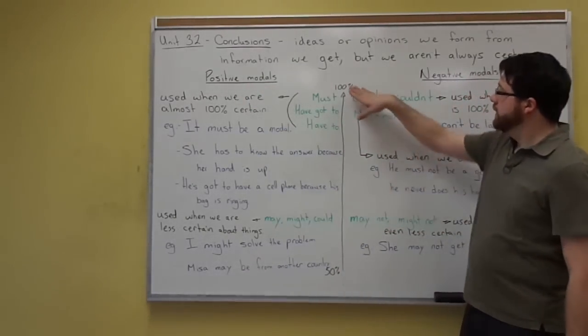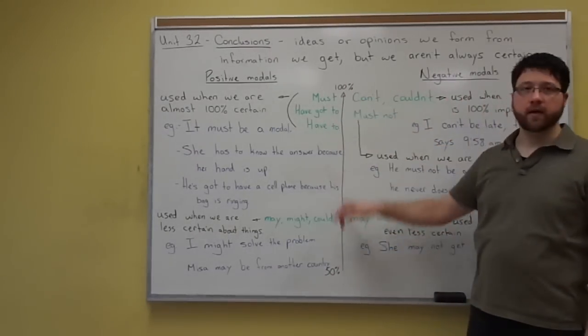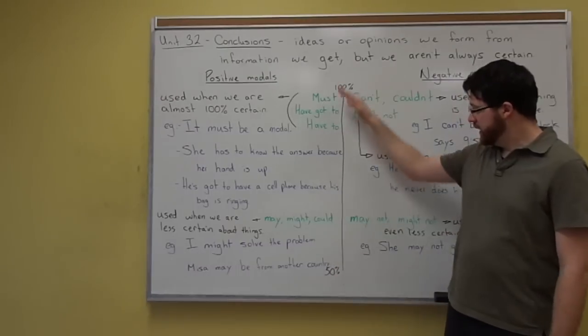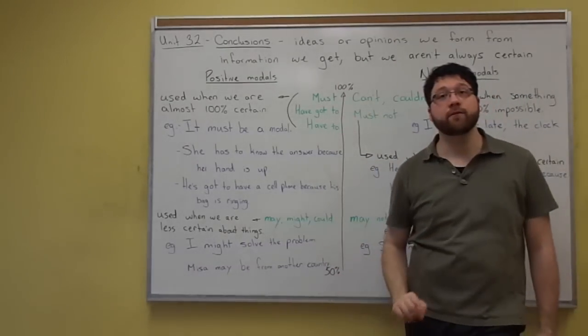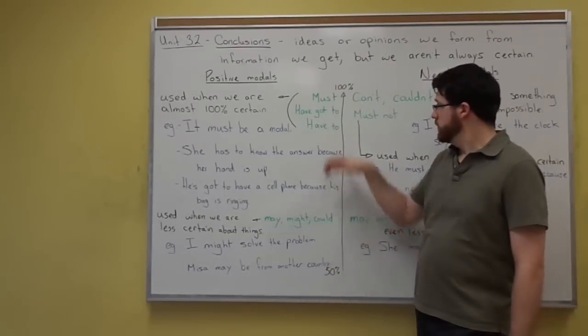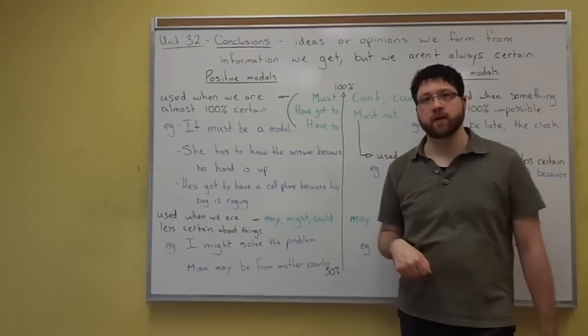So, if you look here, we have a chart, an amount, either 100%, and it can go all the way down to 50%. This shows how certain we feel about something.